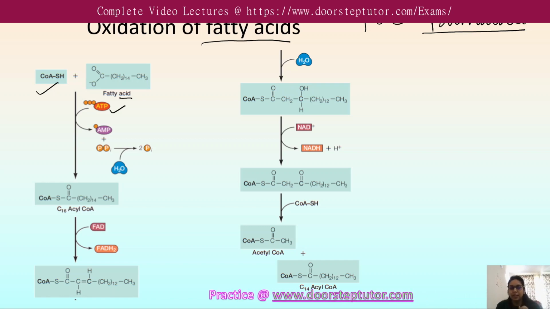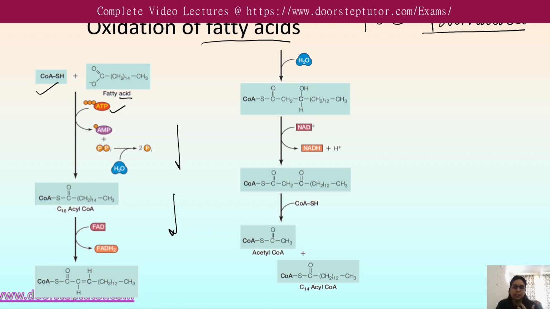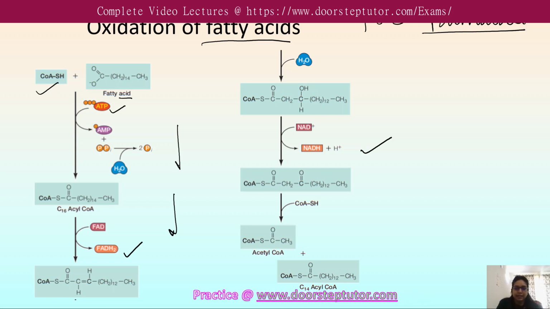Degradation of the fatty acid then proceeds by stepwise oxidation that is coupled to the formation of FADH2 and NADH, and also the removal of a 2 carbon unit as acetyl coenzyme A. So this is how the energy is derived from the lipid.